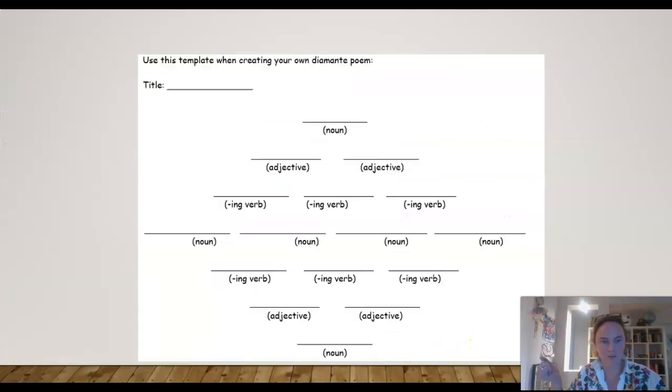Now it's your job. So you're going to have this template to fill in. Your first job is to go and get your planning out from yesterday, your sheets with your adjectives, your nouns, and your verbs. On the first line, you're going to put your noun for your first topic.